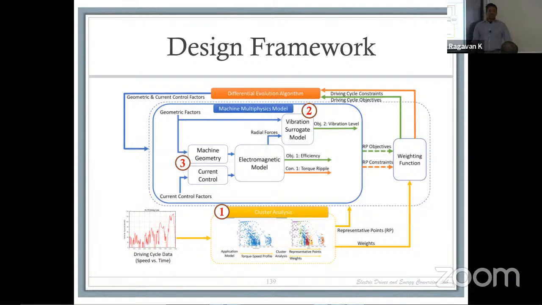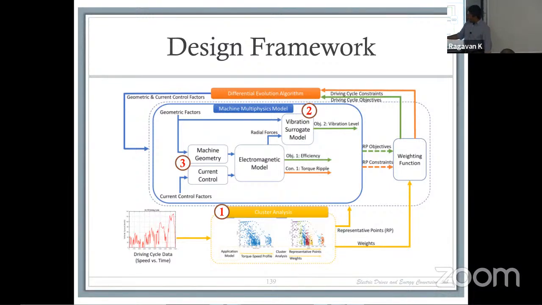Now, in our case, we were trying to figure out what the geometry is going to look like. You start off, of course, with the machine geometry based on the controls that are provided to you, and you have geometry factors. Combine those two, you get the electromagnetic model. From that, you implement a surrogate model. That's just one that we considered. And then from there, you get the vibration level, the efficiency and torque ripple. The external feed forward is the drive cycle that gives you a cluster map of where your motor is going to be.